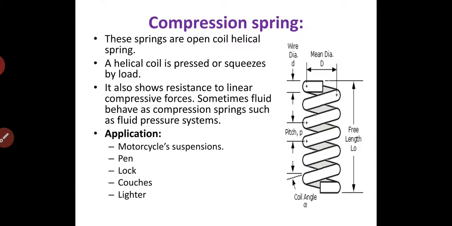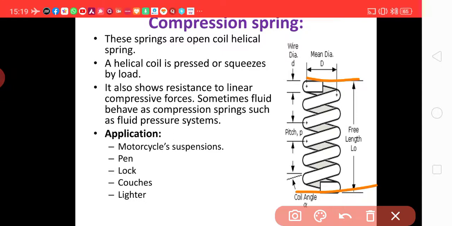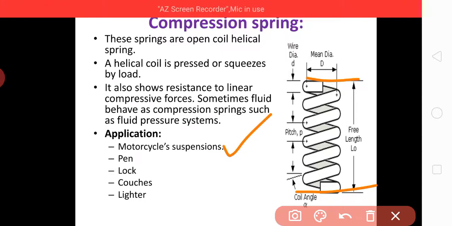These are used in shock absorbers of your vehicle. So the motorcycle suspension system. Pen: you can find in your ball pen, just open it, the refill is wrapped around by a small spring so that your point is kept in position and is not moving here and there.